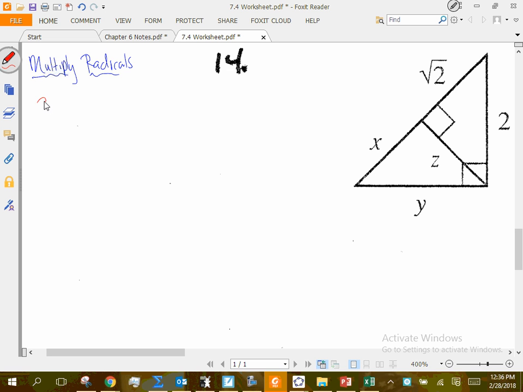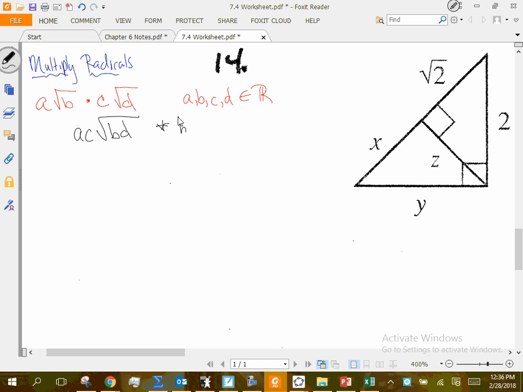It says if you have A radical B times C radical D, where A, B, C, D are real numbers, so anything they want to be. To get the product of those two things, your result is AC on the outside, BD on the inside.